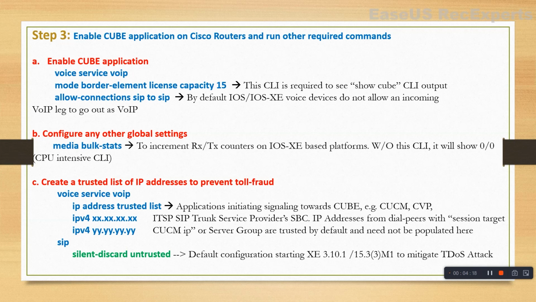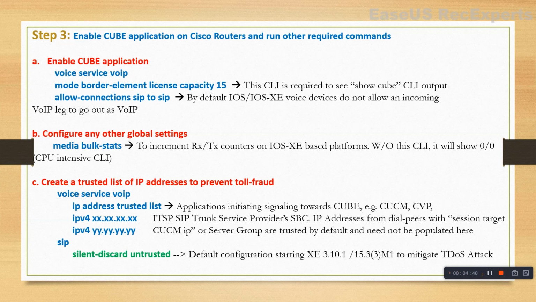Now the last command, sip silent-discard untrusted, is a default configuration after 15.3. You don't have to add it. It's already added and it's part of the trusted list section. So this is needed to mitigate TDoS attack, which is telephony denial of service attack.